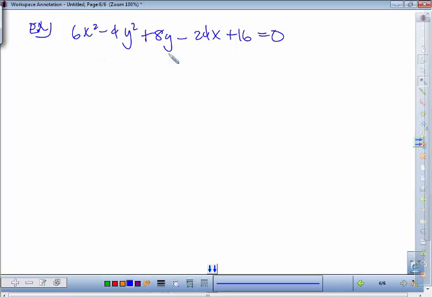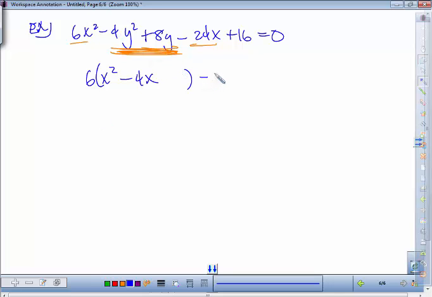All right, let's break it up like we've been doing before. I'm going to do a couple steps here. I'm going to factor out a 6 out of the x's, essentially skipping a step.